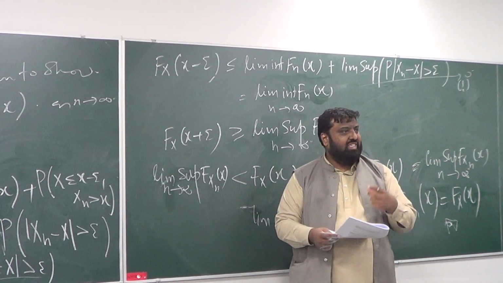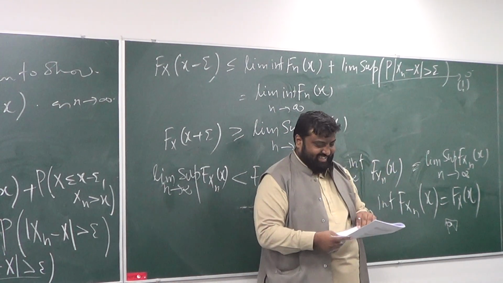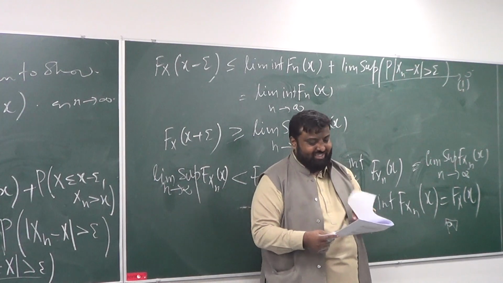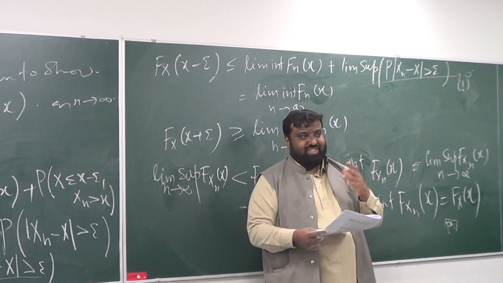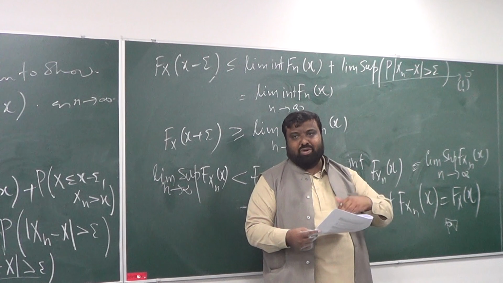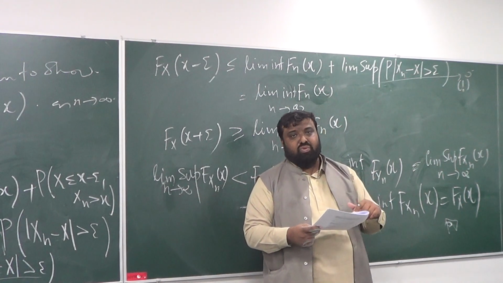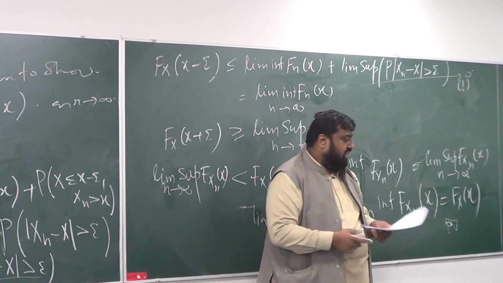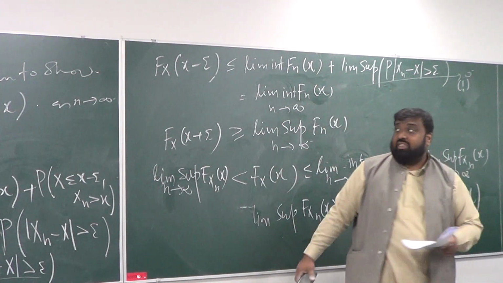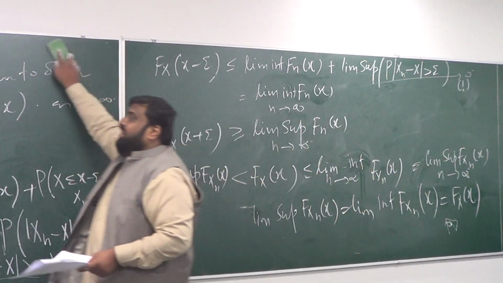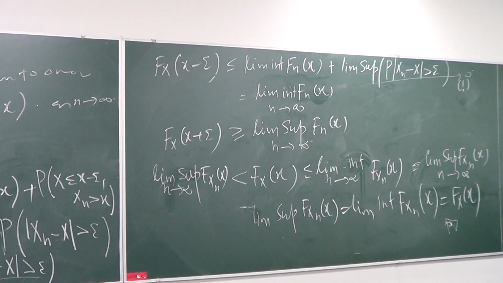So you have a tightness property in probability theory as well. And it's the tightness property basically that allows you to prove what is called the continuity theorem that I'm mentioning.